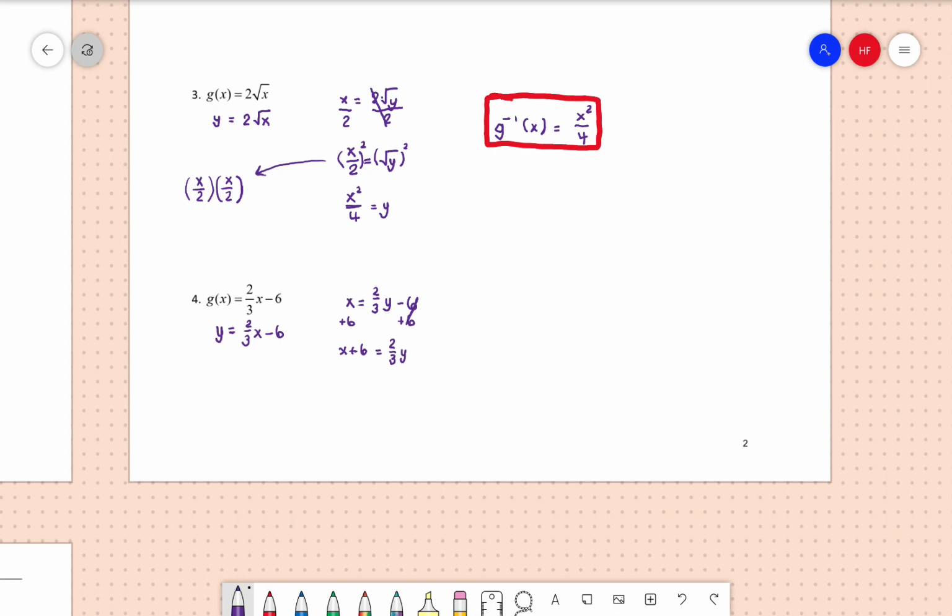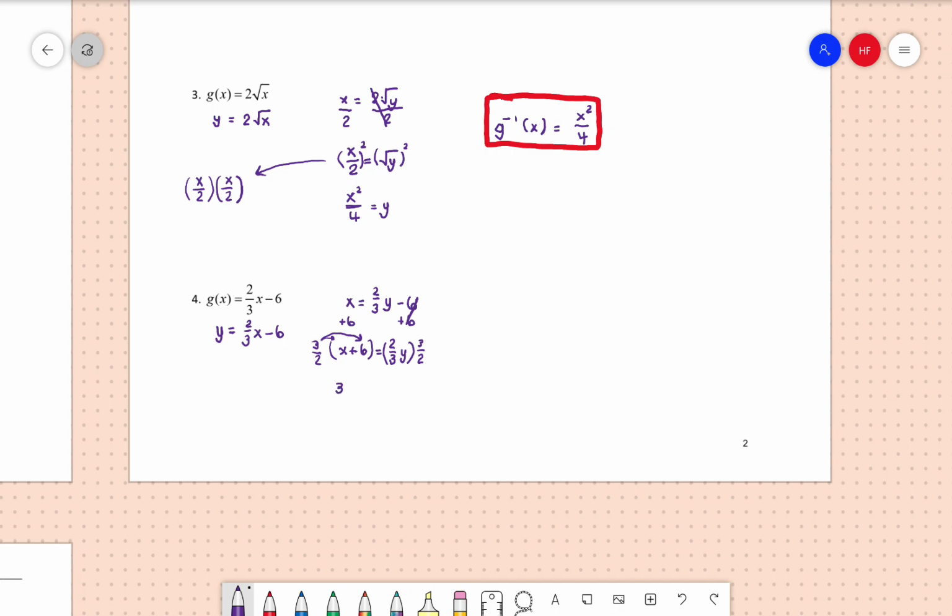I still need to get y by itself. So in order to get rid of a fraction that's multiplying, I will multiply by the reciprocal. Here, I see that I've got 2 terms multiplying by this, so I do have to distribute.